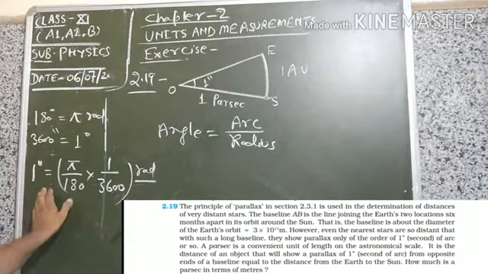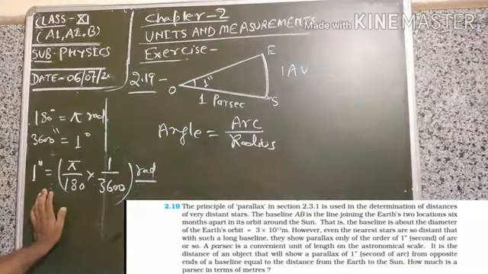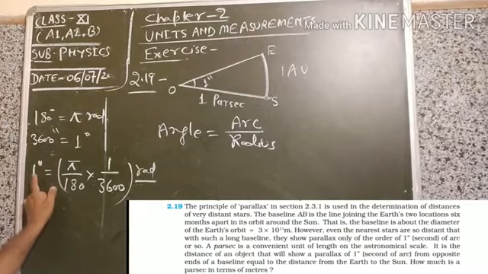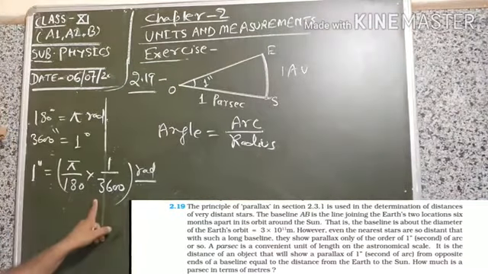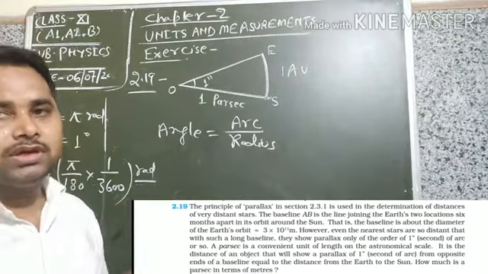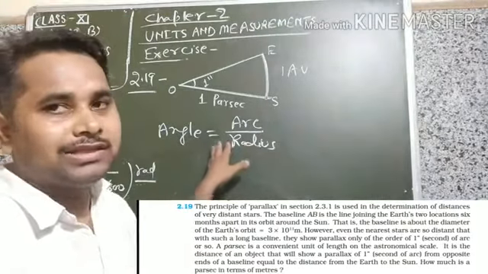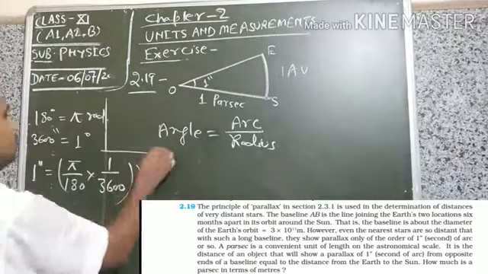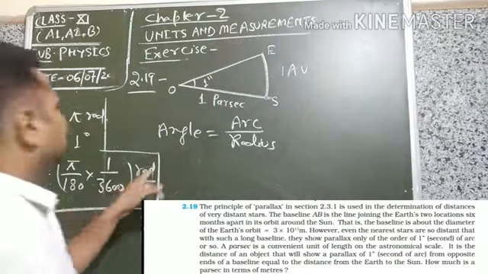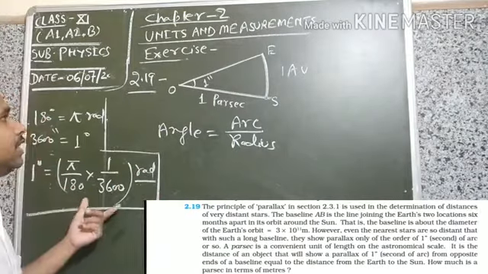We have discussed this relation, that 1 second angle is converted into the radian, because we have to use the SI system for measuring these 3 terms. So this is the value of 1 second angle.